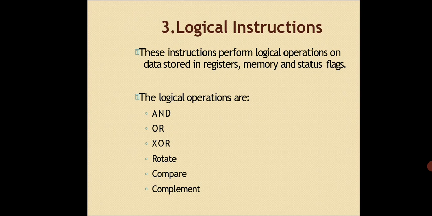The logical operations are AND, OR, XOR, rotate, compare, complement. These logical operations, that is AND, OR, XOR, we have already studied in the 11th standard, as logic gates. So in this chapter we are going to see these logical instructions.